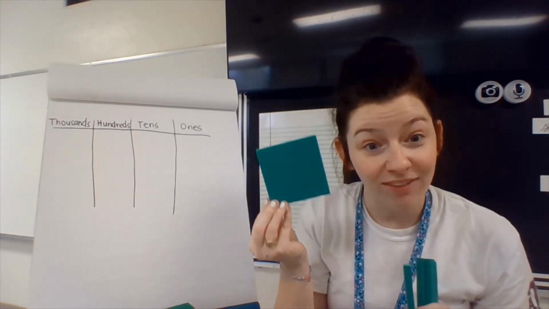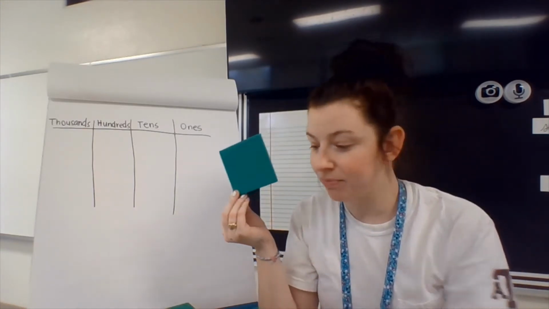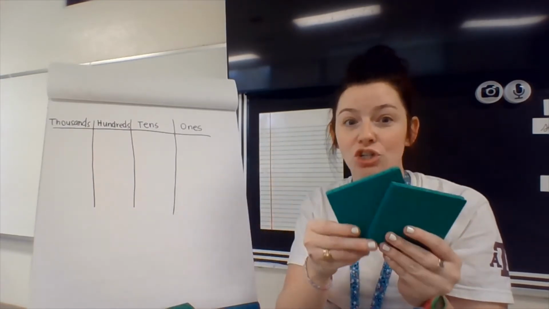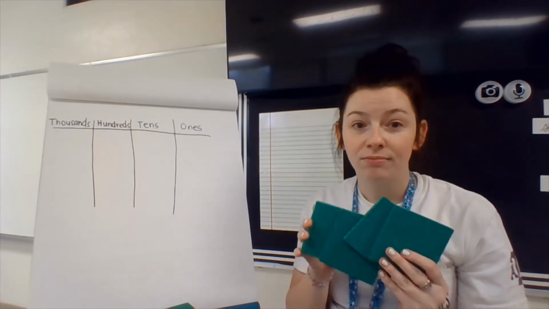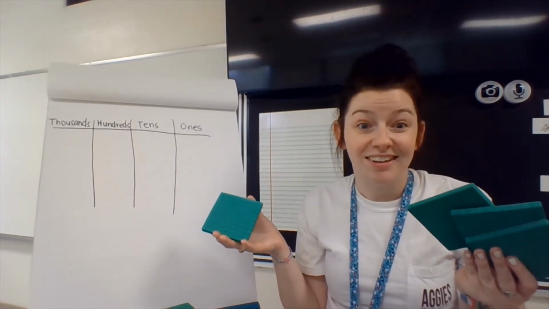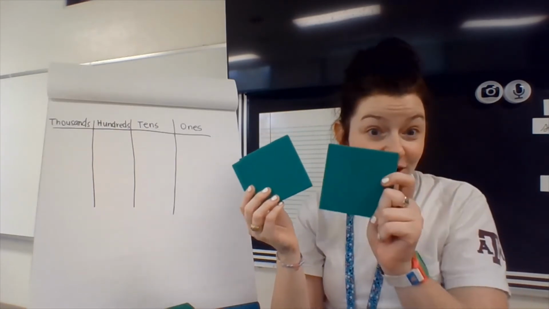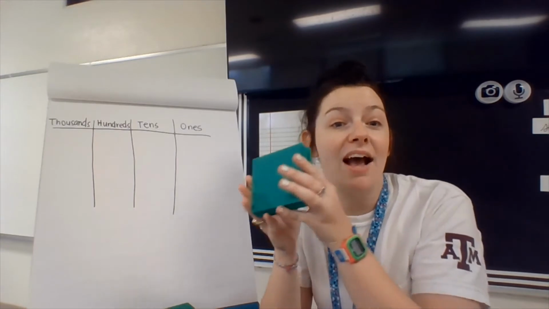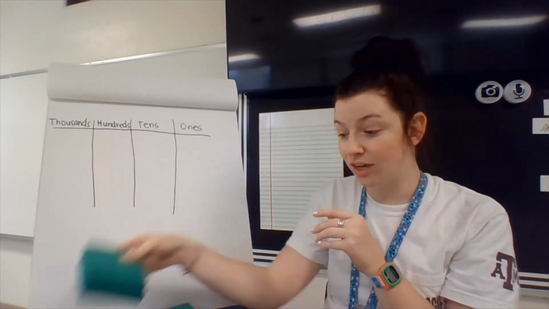So this 100 flat has 100 ones in it. So now, if I'm going to count flats, I can't say 1, 2, 3, 4, because these are not ones. I have to say 100, 200, 300, 400, because I'm now counting by hundreds. When I have flats, I am counting by hundreds.